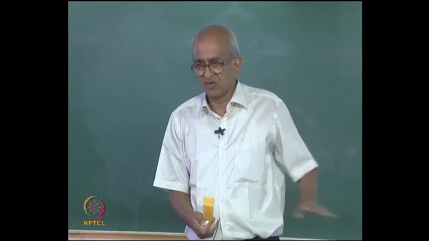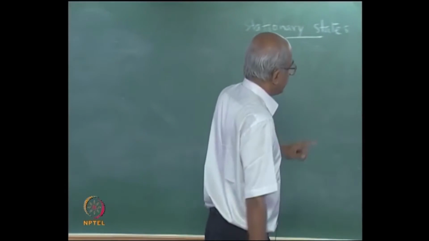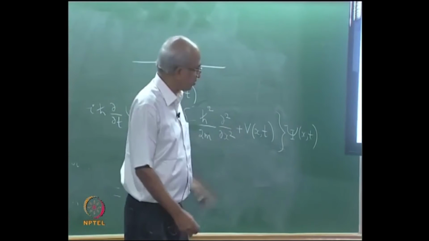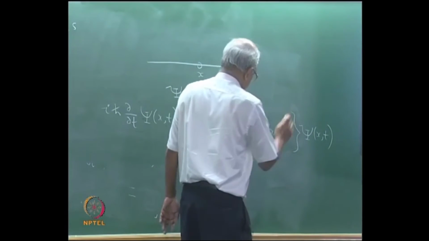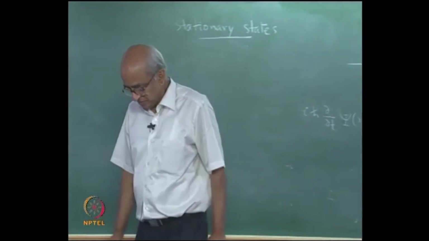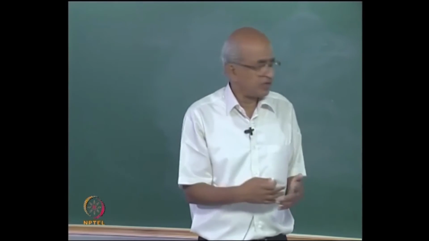So, whatever proof I am going to give you is generally applicable. The only condition is that the potential energy should not depend upon time. So, suppose the potential energy does not depend on time, then what will happen? There is no time there, and you want to solve this equation. So, how do you solve this equation?